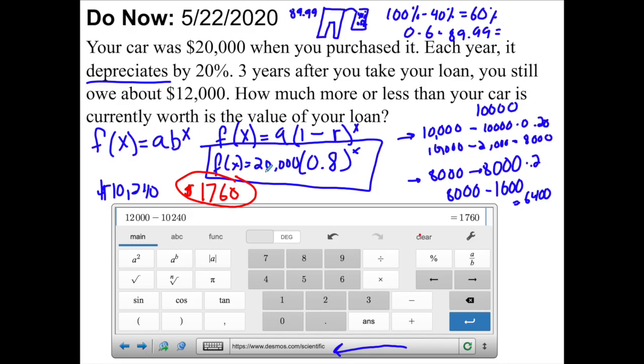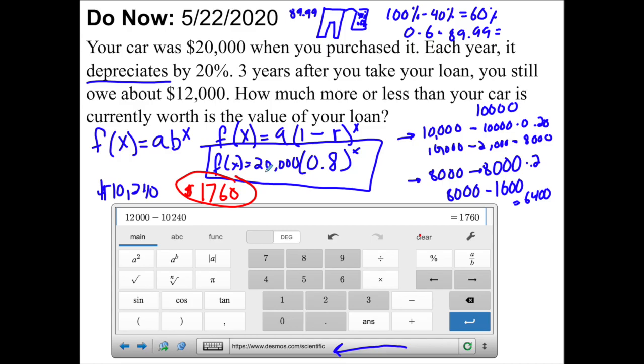Now, this is a pretty common occurrence, and that is because cars in general, from an investment standpoint, are not very good investments. They typically lose value very quickly, relative to how fast you're paying off the loan.